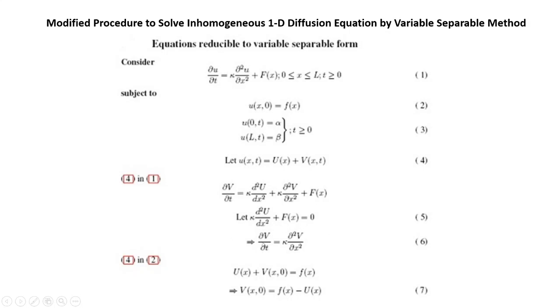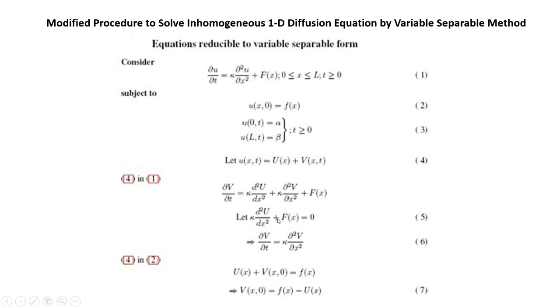Now look at equation 6. This looks like our usual one-dimensional heat equation which we have studied earlier. For this we need two conditions in terms of capital V, which can be obtained again by using the initial and boundary conditions, which are in terms of small u, and using equation 4 we can try to get that. And you can also see that equation 5 is a second order differential equation which can be easily solved for capital U by integrating it twice with respect to x.